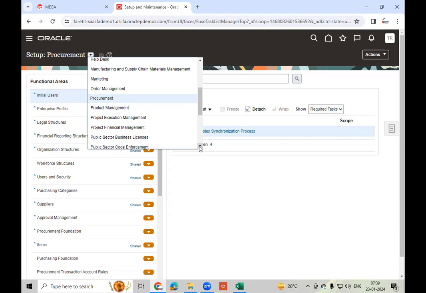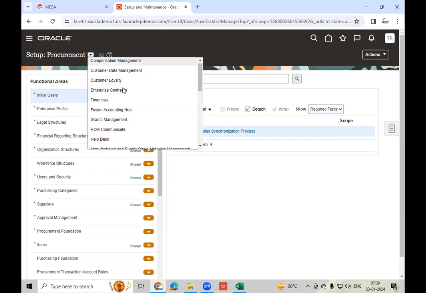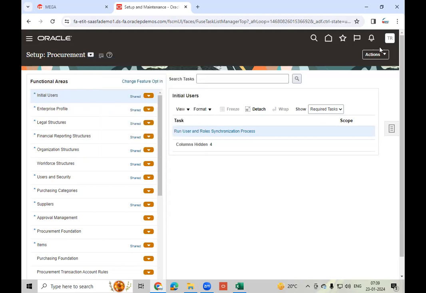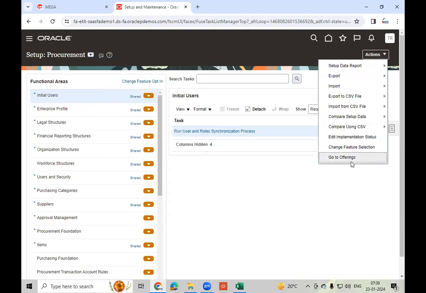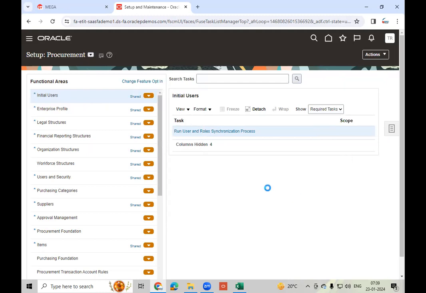In such a case, in the list, you will find only those. So how will you enable those particular offerings? What is the navigation? You go to Actions, and in Actions you will find Go to Offerings.